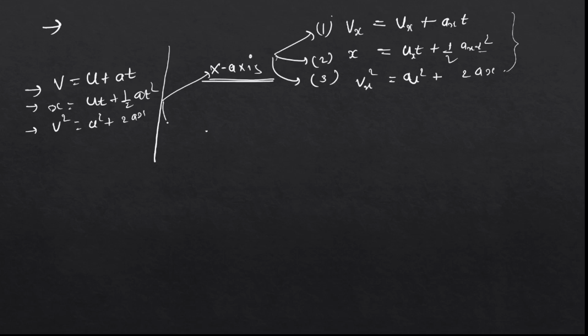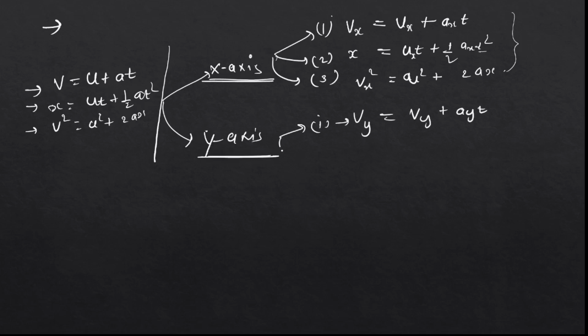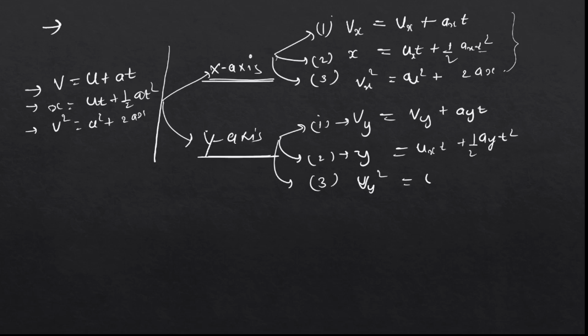Secondly, I would have to write the motion along the y-axis. It would simply be vy, and the third thing is vy square equals uy square plus 2ay y.